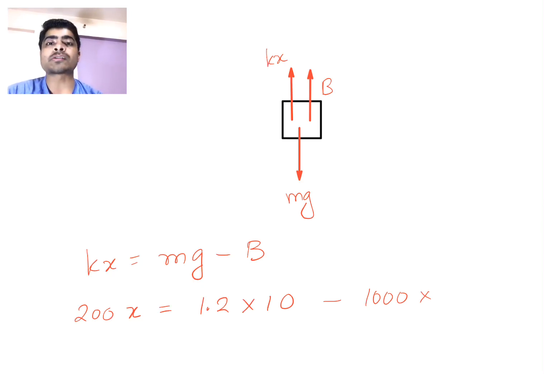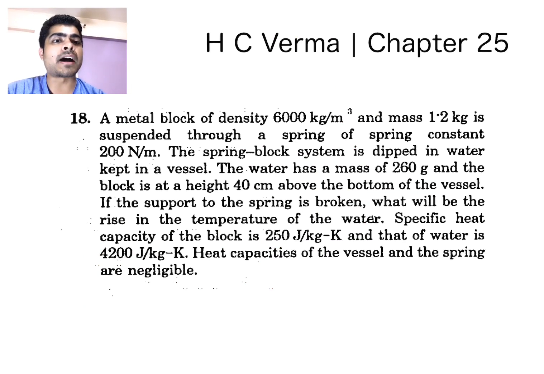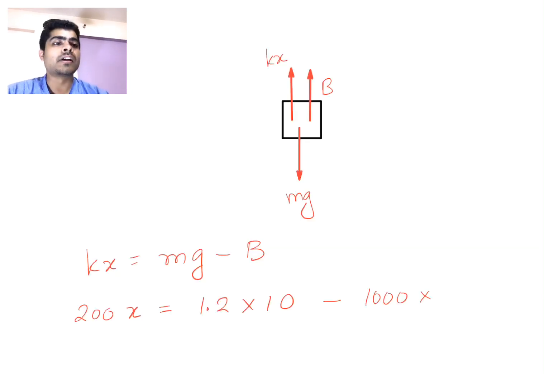Now volume of the block is not given in the question, but something else is given. We know the mass of the block to be 1.2 kg and the density of the block is given 6000. So we can find the volume of the block. Mass divided by density will give you volume. So for volume, we can write down mass of the block 1.2 divided by density 6000.